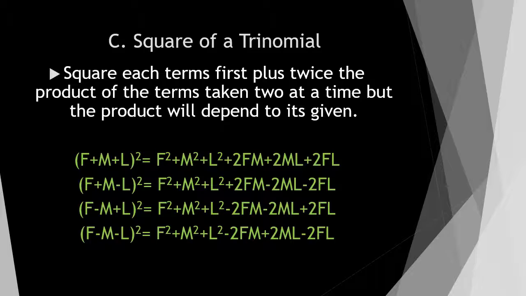As you can see, we have 4 formulas in the square of a trinomial. Why? Because we can also encounter a negative last term, negative middle term, or both negative middle term and the last term.